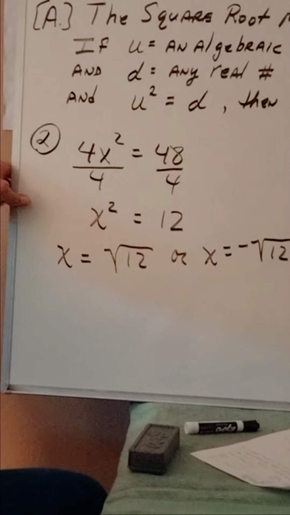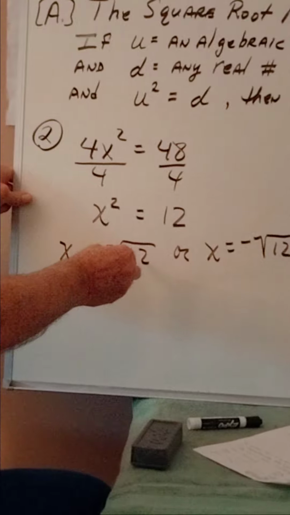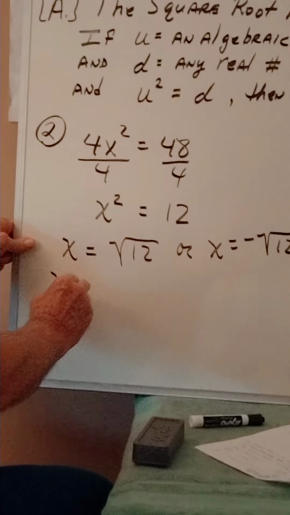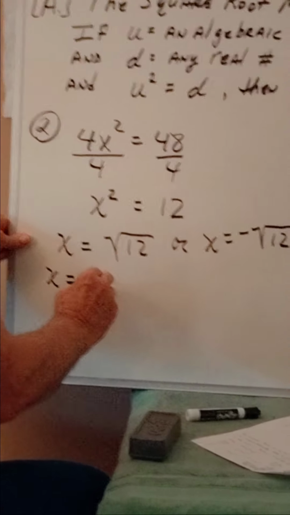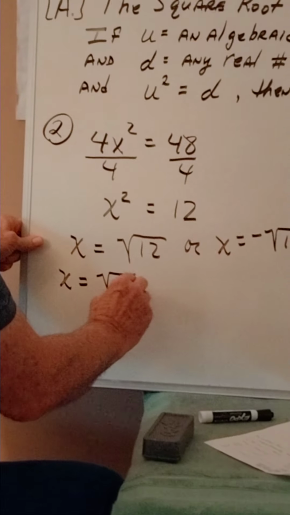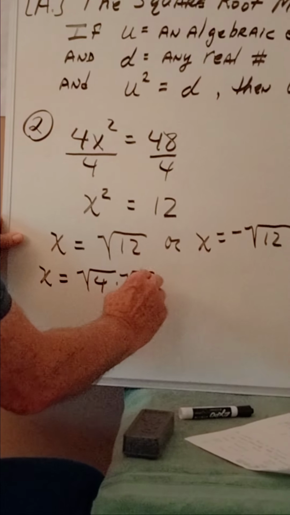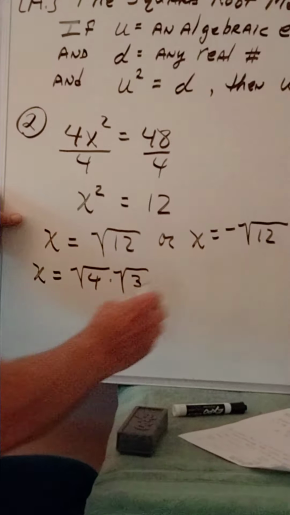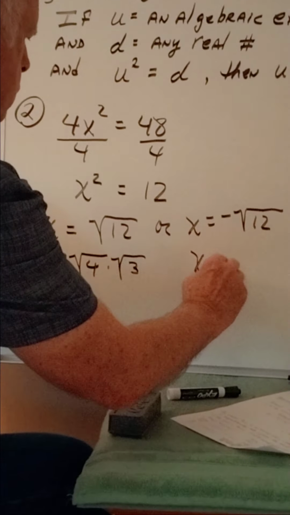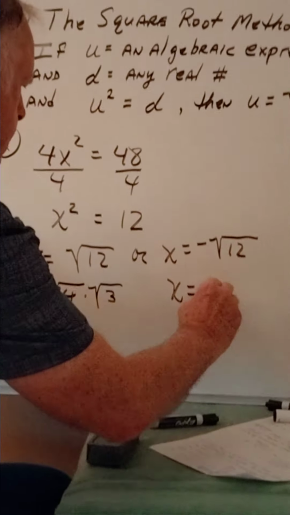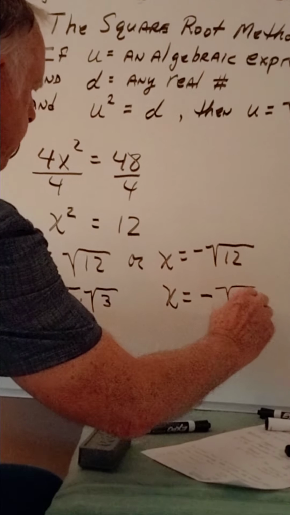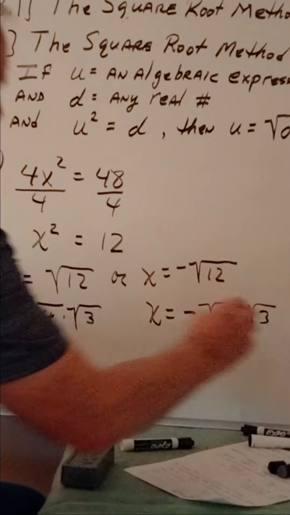So we're going to use the product rule of radicals and split this up. Then we'll get x is equal to the radical of 4 times the radical of 3. This one would be x is equal to the negative radical of 4 times the radical of 3.